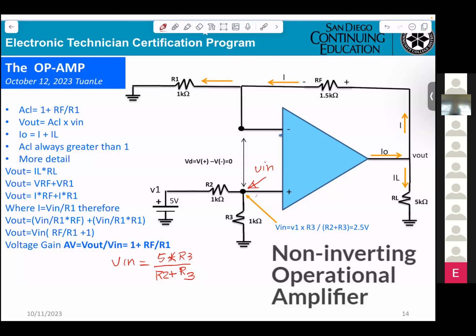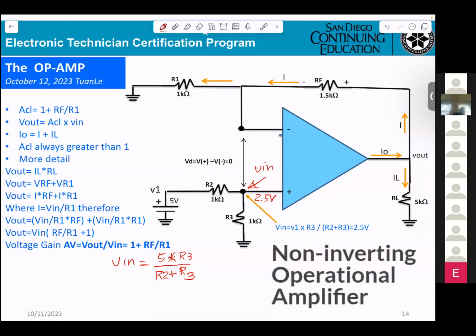That means right here, that is the V in. Okay? Not this one.